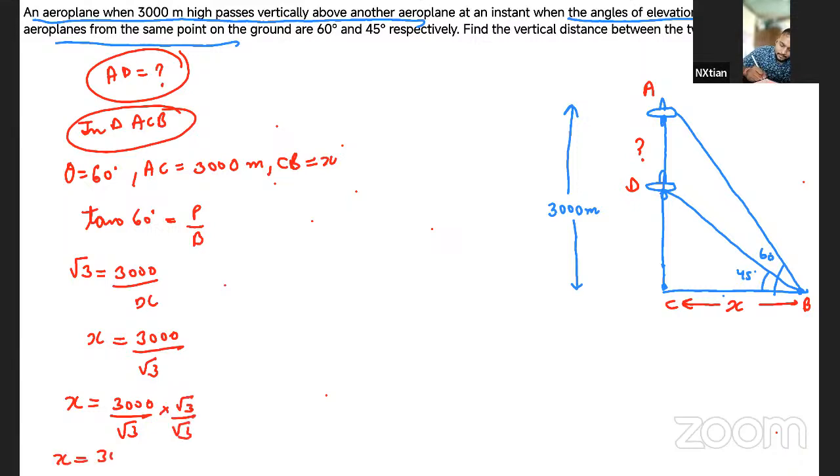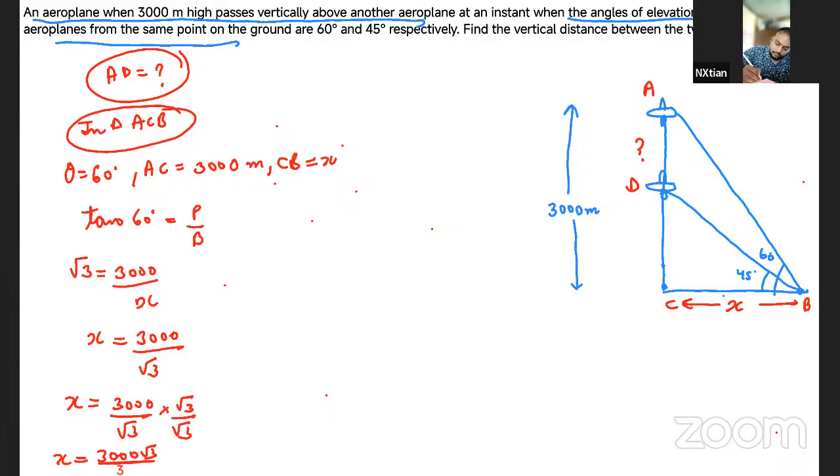So X will become 3000 root 3 divided by 3.